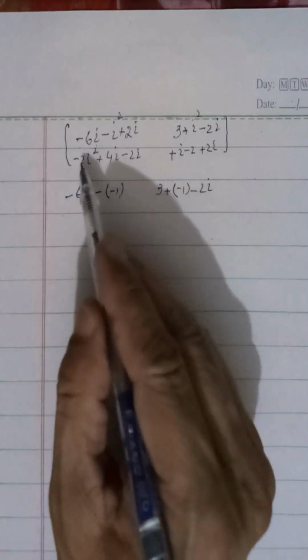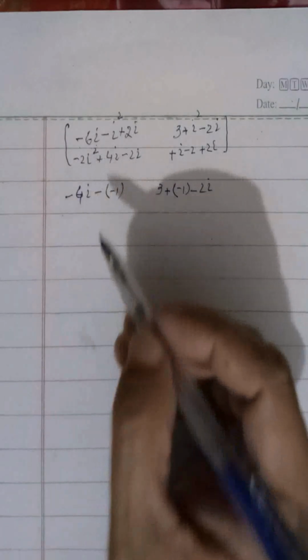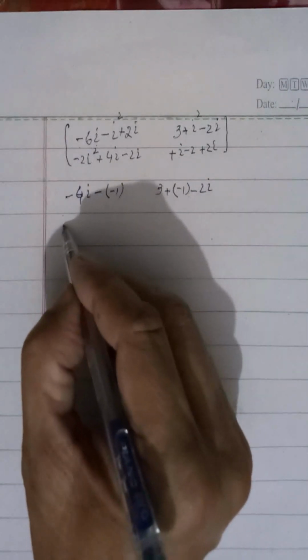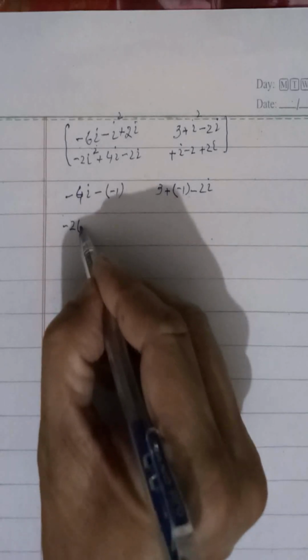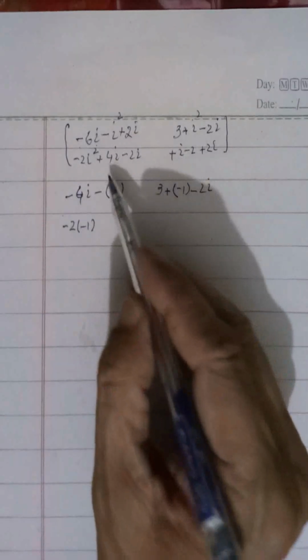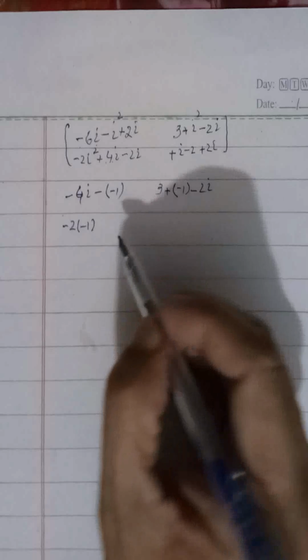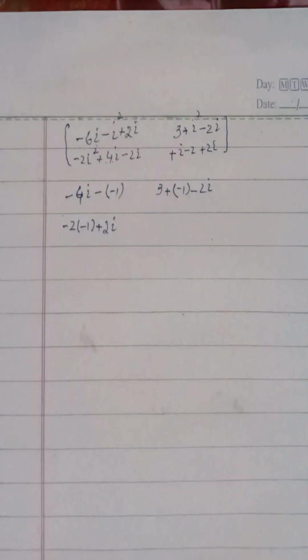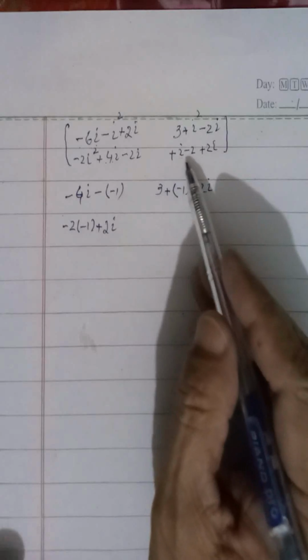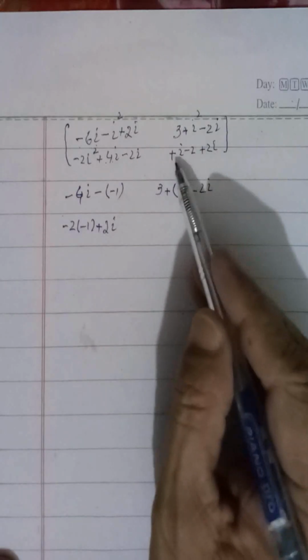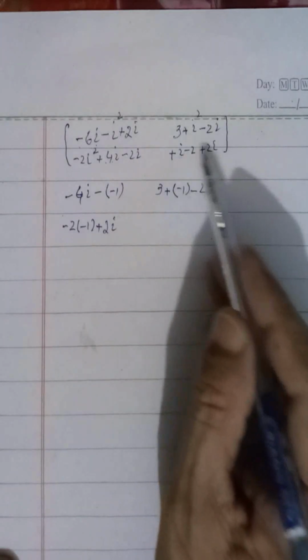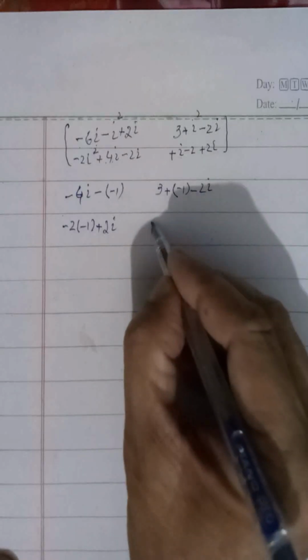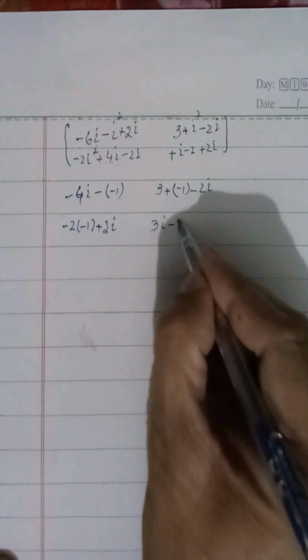And the second row we get 2 into 2 minus 2 iota is minus 2 iota square is equal to minus 1 plus 4 iota minus 2 iota, we get the 2 iota. And the second row and the second column is, we get plus iota multiplied by 2 iota is equal to 3 iota minus 2.